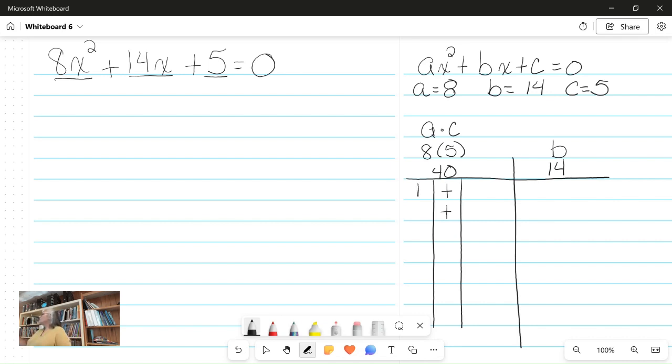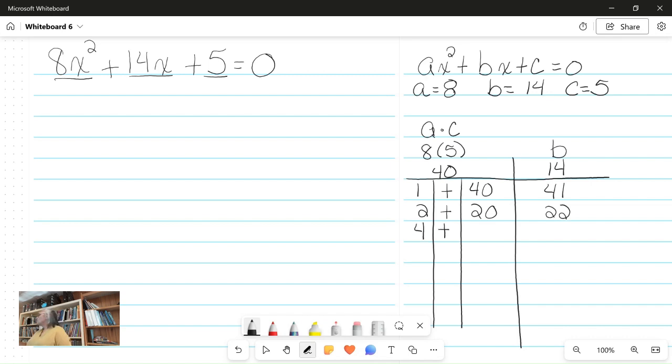I have 1 and 40, and 1 plus 40 gives me 41. 41 is not 14, so those are not the factors I want to use. I have 2 and 20. 2 plus 20 is 22. Again, not 14. 3 will not divide evenly into 40, but 4 will.